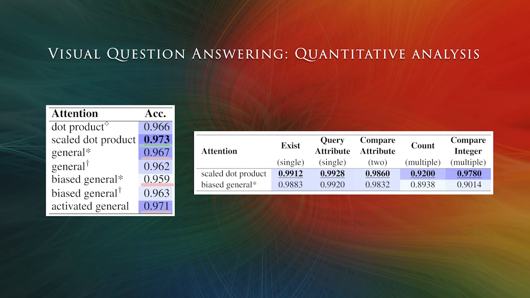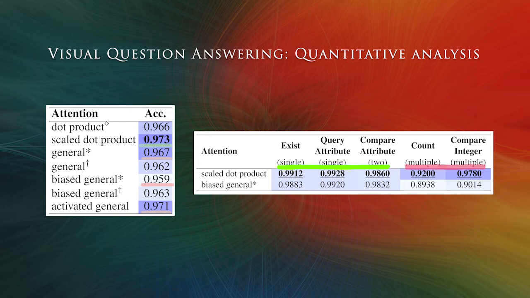This table shows that the two models achieve similar performance for question types: exist, query attribute, and compare attribute. Those question types only require models to attend to one or two objects in the image, so it is easier for models to capture the pattern when learning the alignment between image and question.